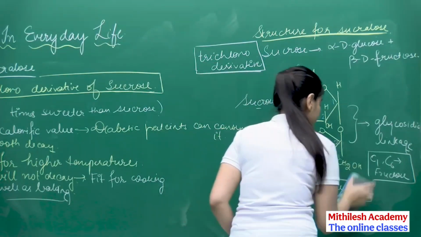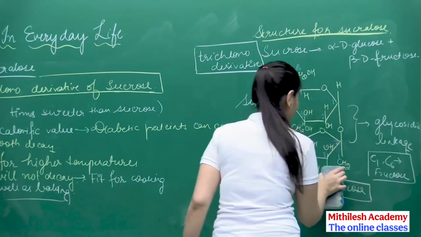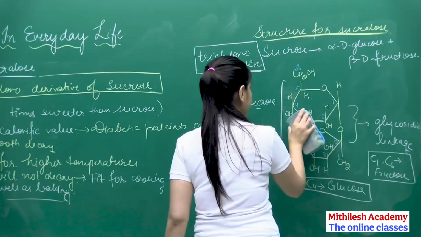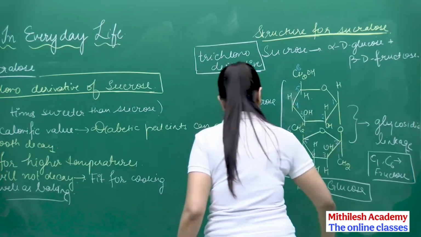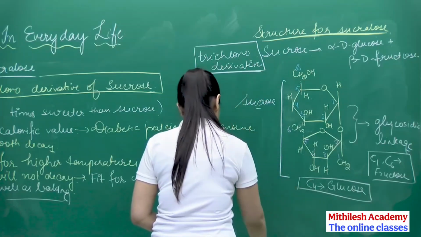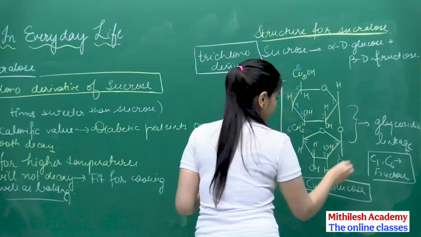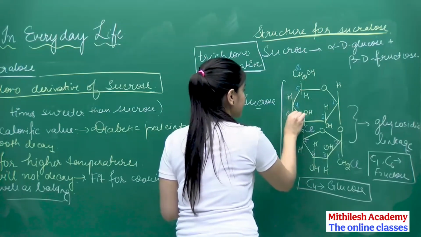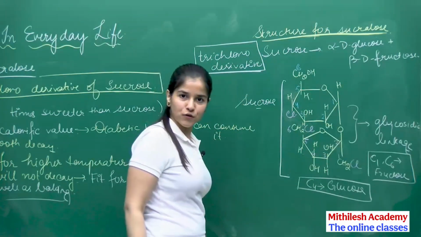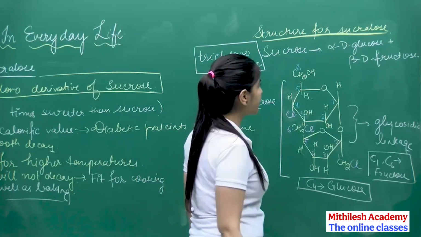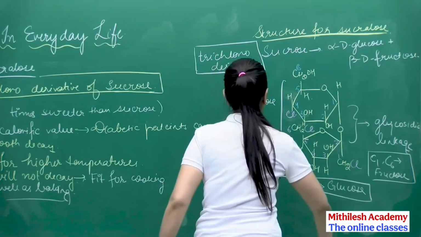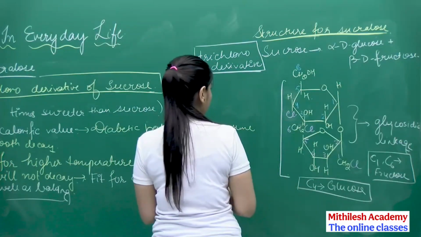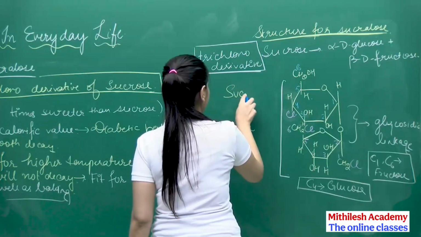So I just need to remove the OH groups over here. So I hope everybody is following me. I have removed the OH here. And let us just now have the structure. So the structure would be Cl, Cl and Cl. So that is what sucralose is. I hope you all have got the idea how to make the structure for sucralose. So let me just replace the name with sucralose. So that is nothing but sucralose.